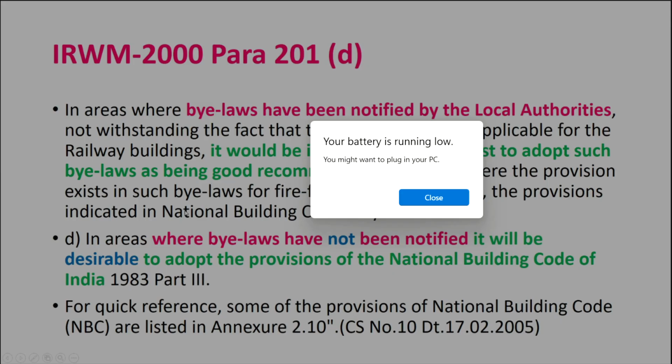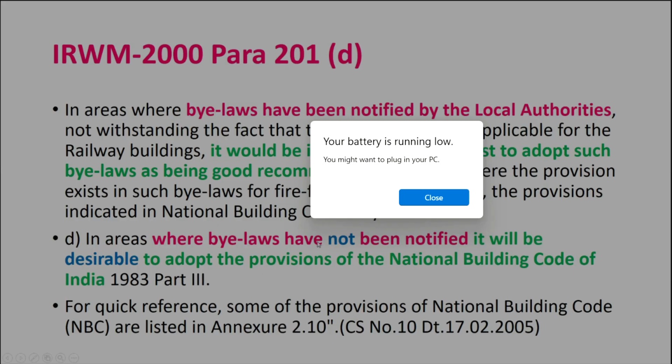So where the provisions exist in such bylaws for firefighting arrangements, because many times we may be required to do some firefighting arrangement, the provisions indicated in the National Building Code may be followed. So I am trying to relate, from the works manual provisions, why NBC is there in the picture.